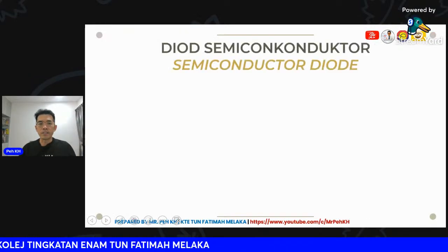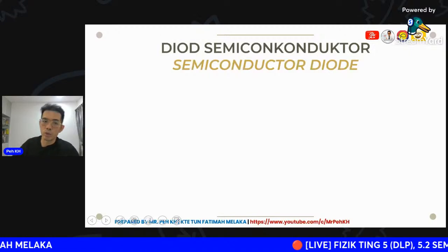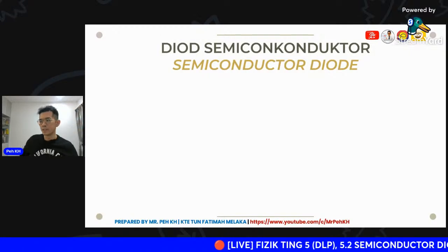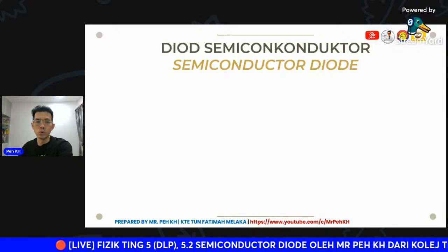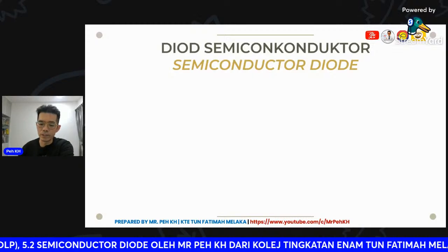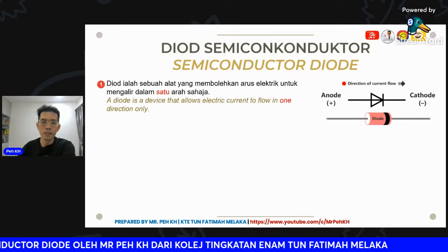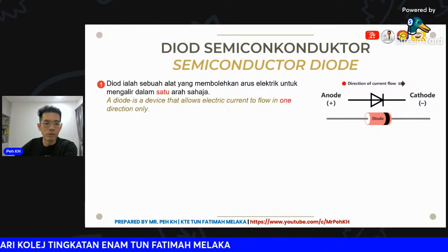Okay, so after discussion of the N-type and P-type semiconductor, now we need to relate the type of semiconductor we learned just now to the semiconductor diode. Okay, so how is the diode formed? Okay, so here, the definition of diode will be like this.